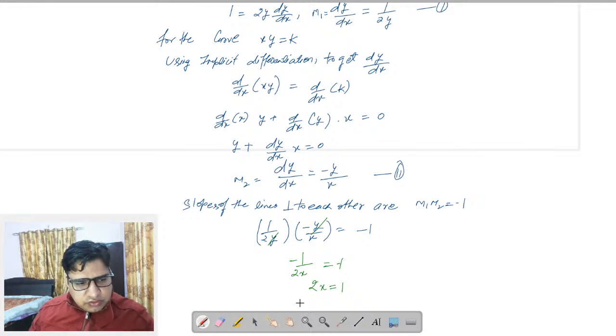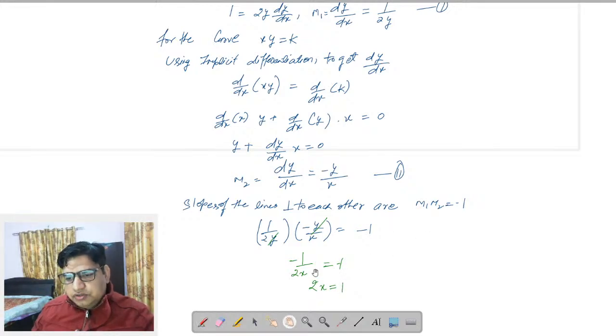Okay, so we get 2x is equal to 1 from here.